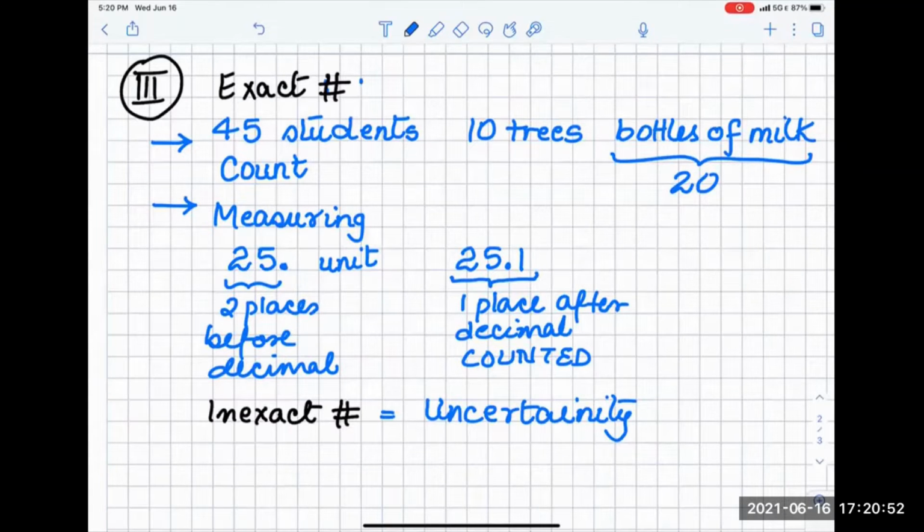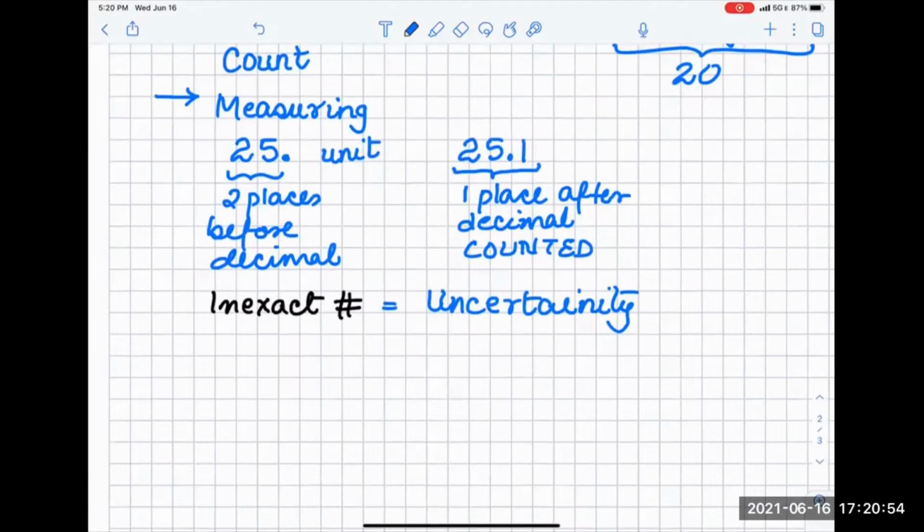Estimate, okay. When maybe you are trying to do some estimation, very good. Anything else? Okay, maybe some errors can also come in, right?